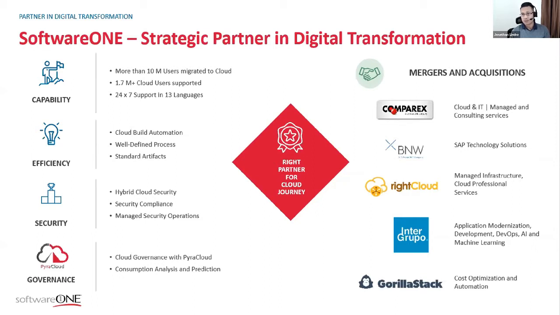In Intergrupo, we have over 1,600 engineers that do application modernization, DevOps, analytics, data lakes. And most recently, in July, we announced the acquisition of GorillaStack, which is cost optimization and cloud automation. So hopefully, if you do know SoftwareOne, you can see the portfolio that we have and the expertise that we've come from and how we're scaling into different capability sets.